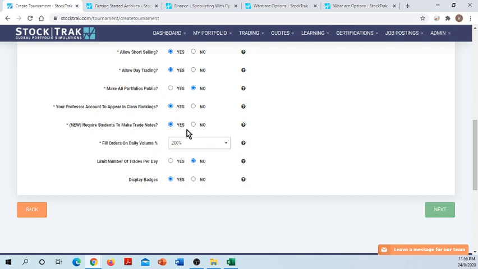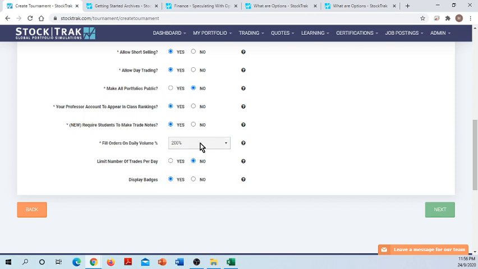So I highly encourage you to add this option, but more importantly, you have to explain to your students that whenever they place a trade, they have to explain what this trade is aiming to do, or for what class of asset they are buying or selling. This will make it easy for you to keep track of what your students are doing.